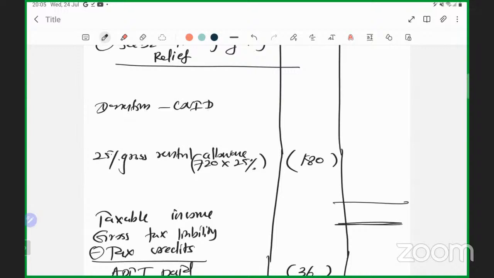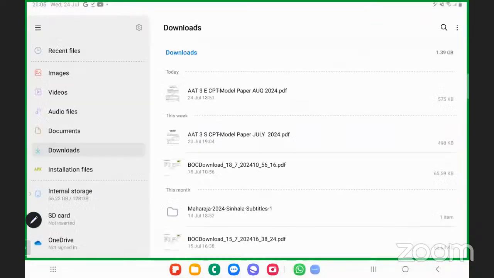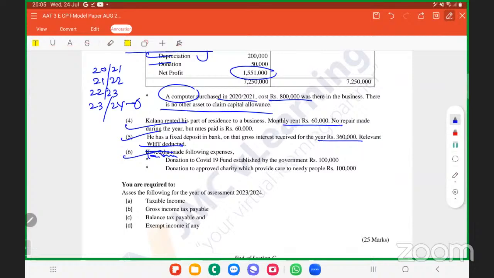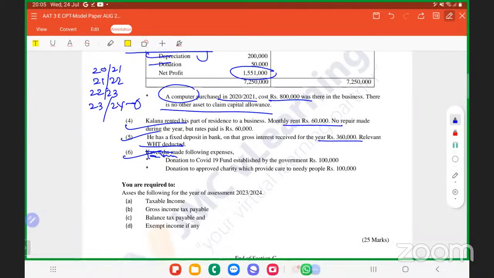Without any restrictions, you can deduct it either in cash or in the form of goods, whatever the amount you donate to the government or a government-established fund, such as the Sevana fund, the National Kidney Fund, the COVID-19 fund, any government school, any university, any government institute.